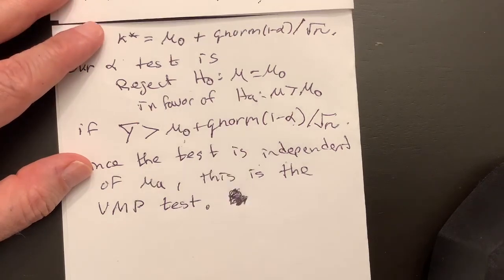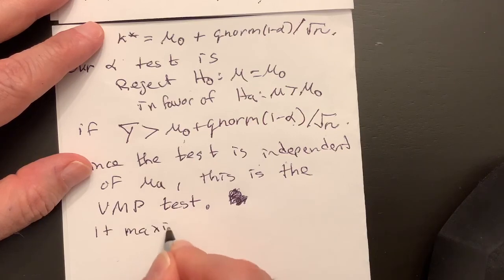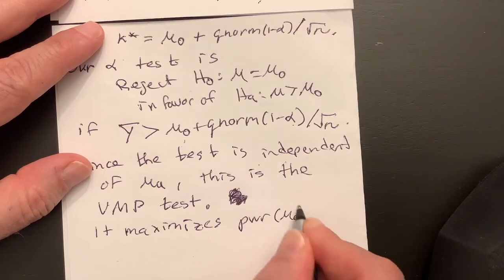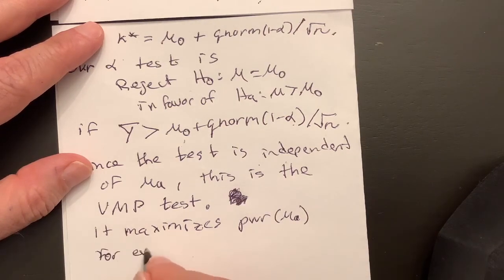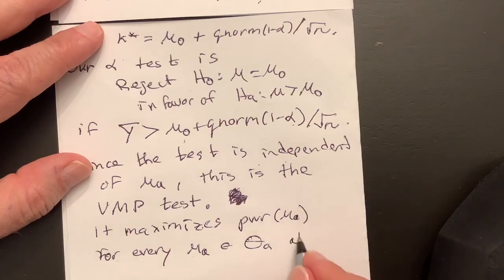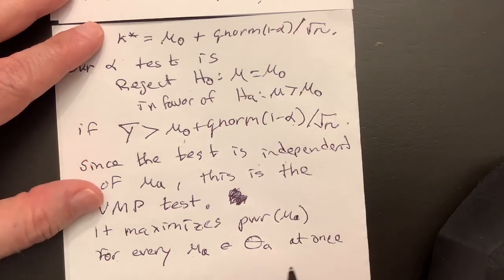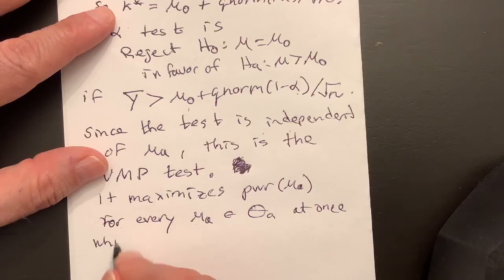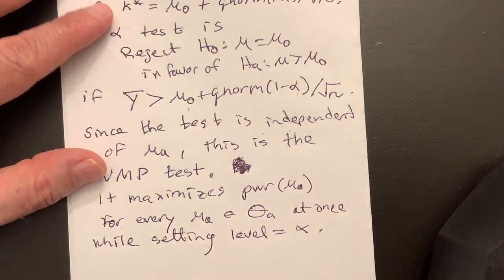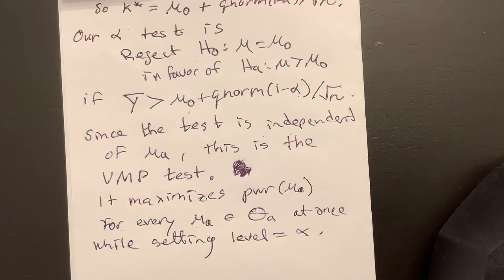This maximizes the power for every mu a at once, while setting the level equal to alpha. Okay, thank you.